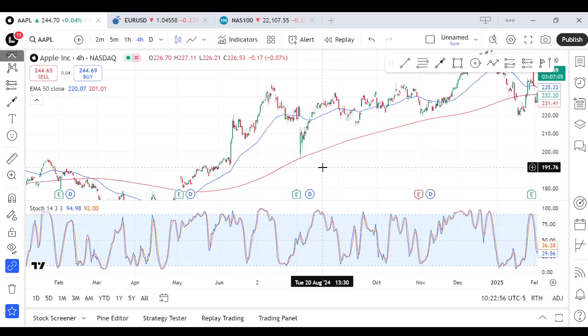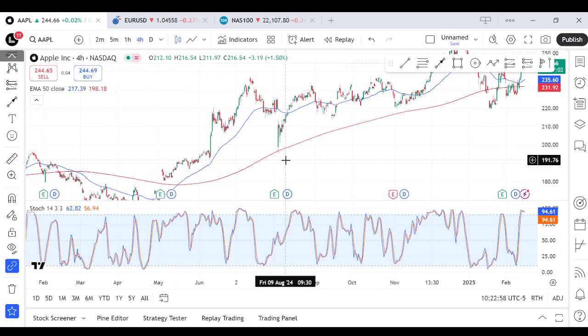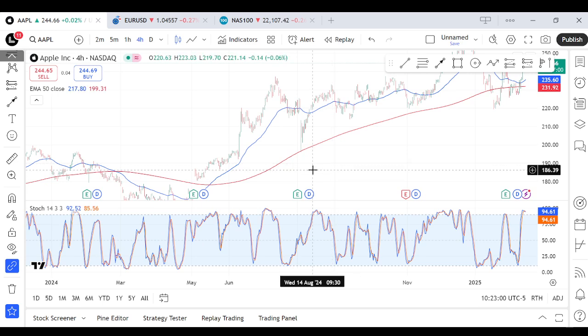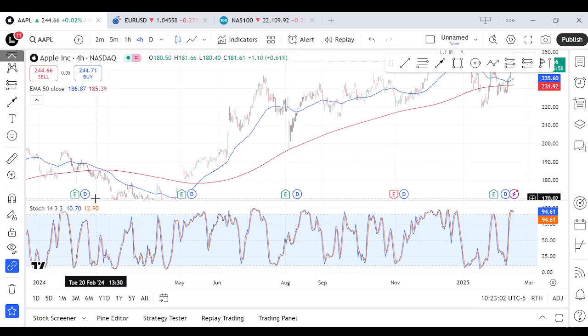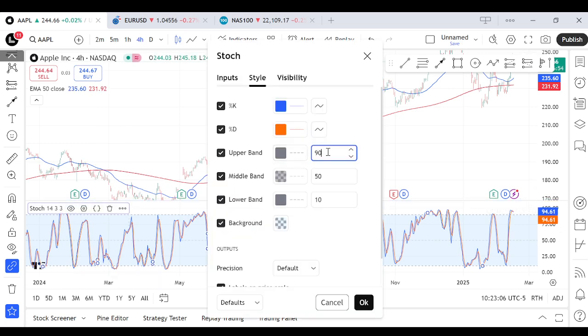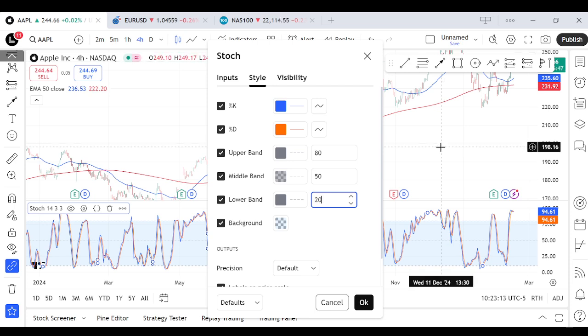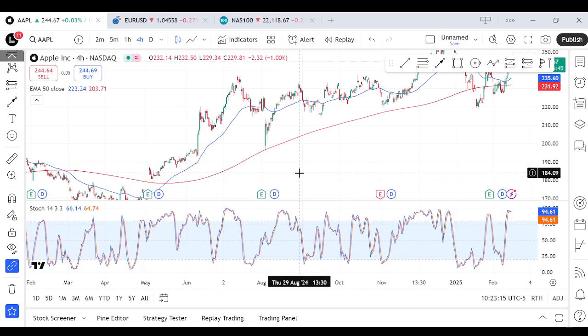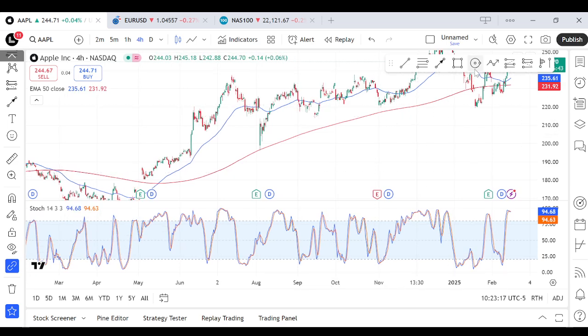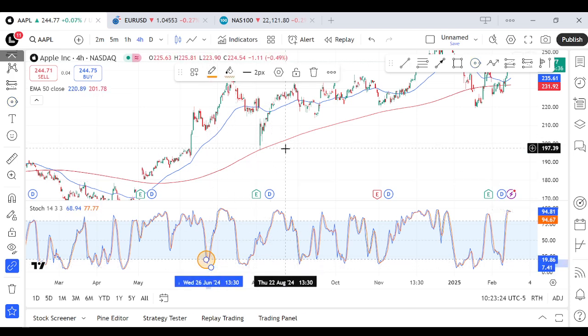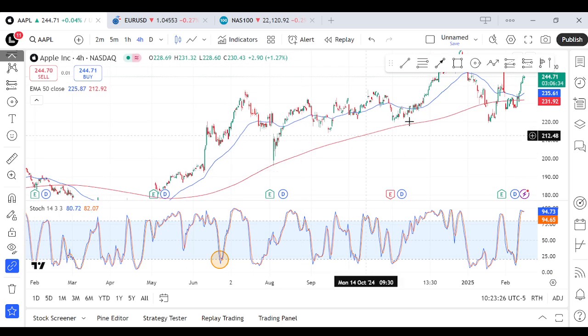As you can see here, these extreme levels, I think I will use the 80 and 20 instead of the 90 and 10. Let's just use the default numbers, the 80 and 20 levels. As you can see right here, we have the stochastic going below the 20 level, indicating a time for us to look for buying opportunities in the market.